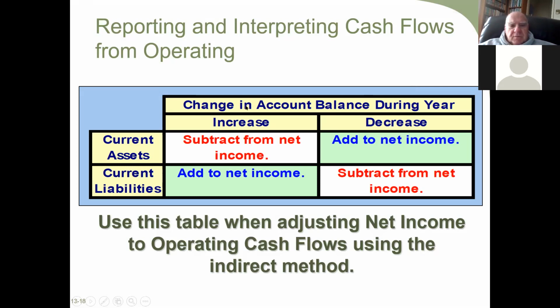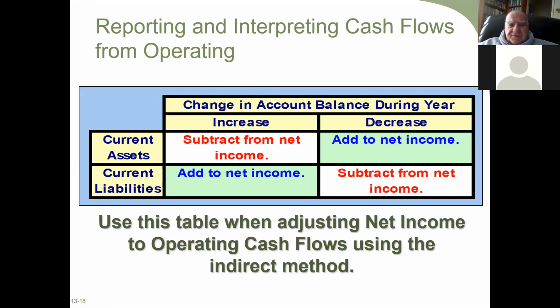Let's pretend that this is accounts receivable, okay? If accounts receivable increased, that's a negative cash flow. I'm going to repeat that. If a current asset increases during the month, that is a negative cash flow.